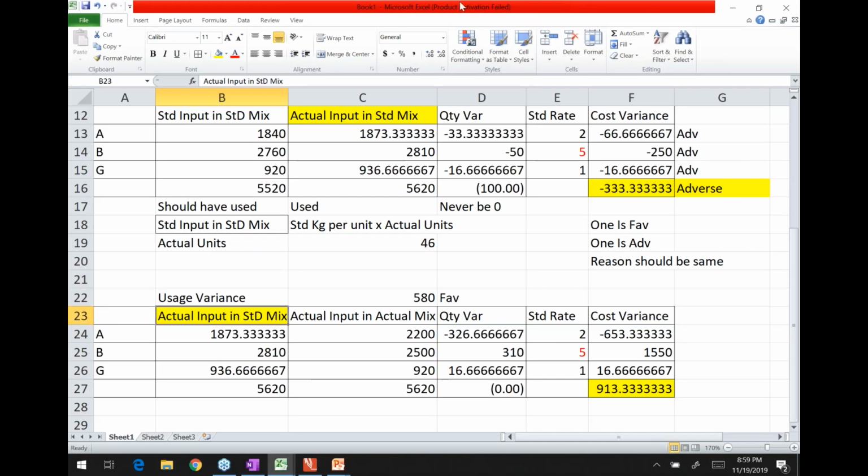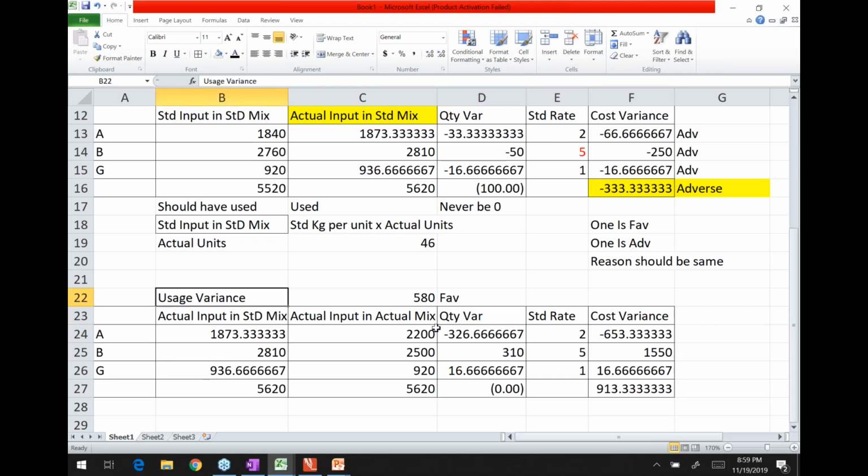Let me just fill this. What I've done is I've just copy pasted the format of mix variance.